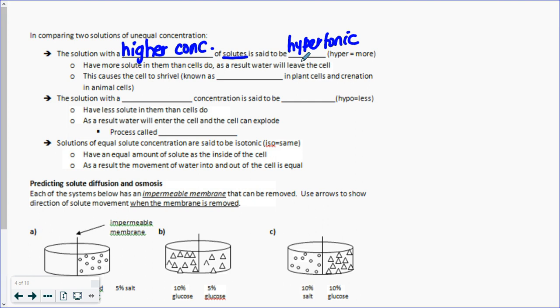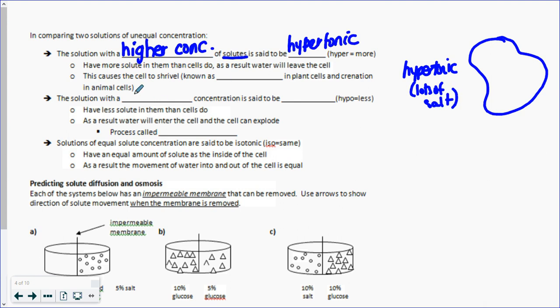We need to look at some of these diagrams to really make sense of it. So if we have a cell, and the concentration outside the cell for whatever we're talking about is hypertonic, let's use lots of salt.